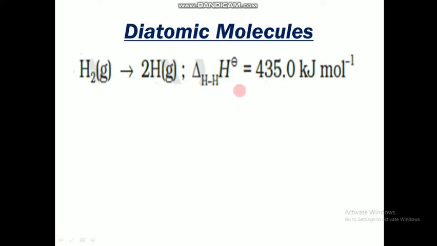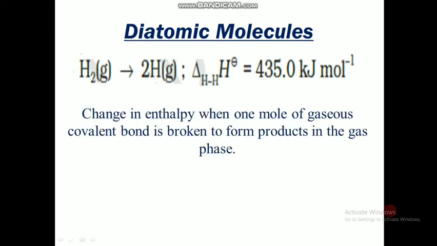So defining bond dissociation enthalpy, it is the change in enthalpy when 1 mole of gaseous covalent bond is broken to form products in the gas phase. So a gaseous covalent molecule is broken to form gaseous products, which are atoms. And this type of enthalpy is known as the bond dissociation enthalpy. In diatomic molecules, it is the same as the enthalpy of atomization.